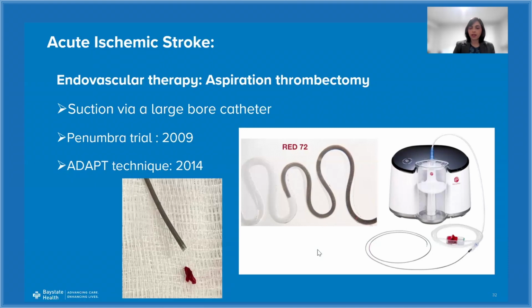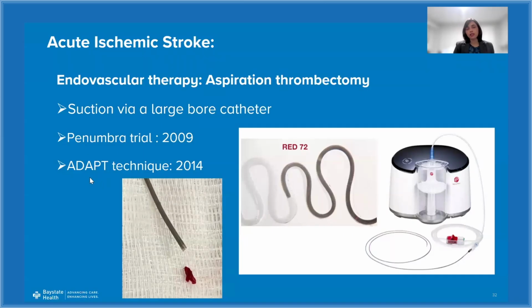So the idea behind this was to connect this catheter to a suction pump, and it's almost like manually sucking out a clot. You can imagine, like if there's a pipe which is blocked, and if you use a syringe to suck it out, that exactly is what we try to achieve with this specialized suction machine, which can modulate the pressure that's exerted on the catheter. And here you're seeing a picture of the clot which has been retrieved.